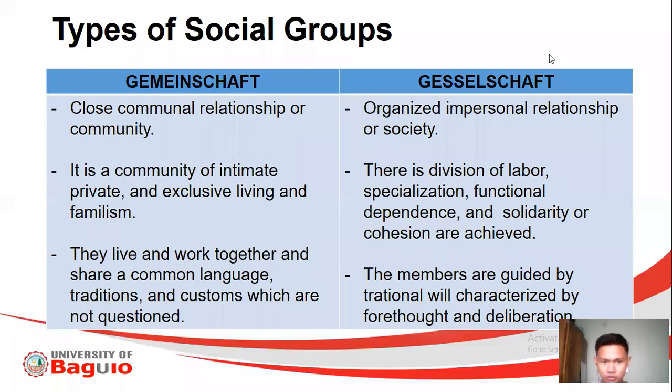Next social group that we have, the Gemeinschaft and then Gesellschaft. So these two social groups were introduced by a German psychologist named Ferdinand Tönnies in 1889. So according to Tönnies, there are two types of society based on his own observation.